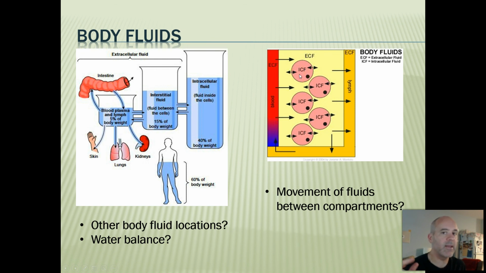And then what's the main force involved with water movement from extracellular fluid, your interstitial fluids surrounding cells, to the inside of cells, or vice versa? So hopefully you're answering osmosis. Osmosis is the main thing that dictates the movement of water from outside cells to inside, or vice versa.